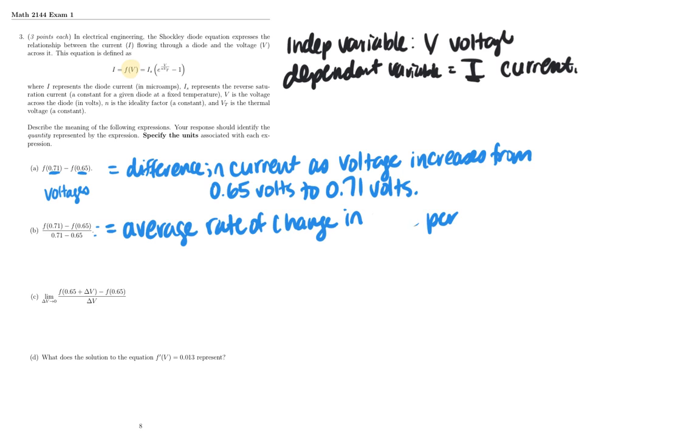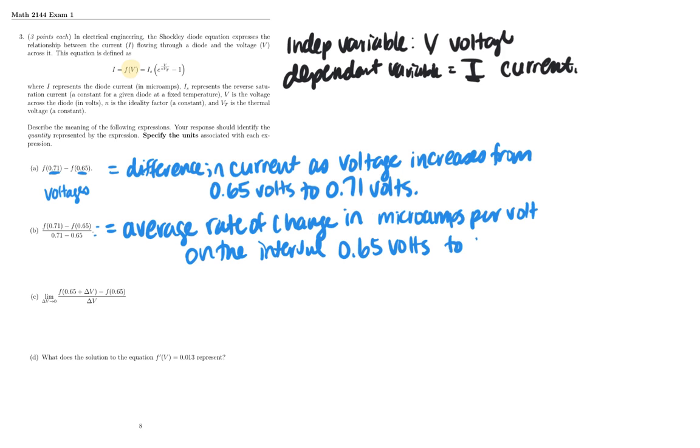The I is the current, so current is measured in what now? Microamps per volt on the interval 0.65 volts to 0.71 volts.